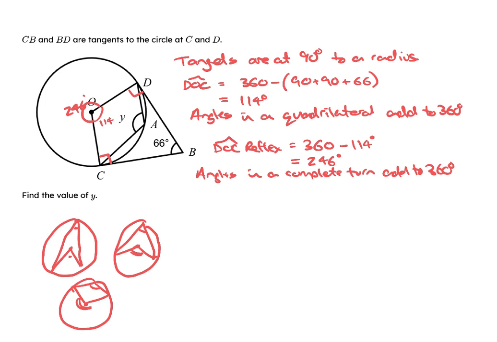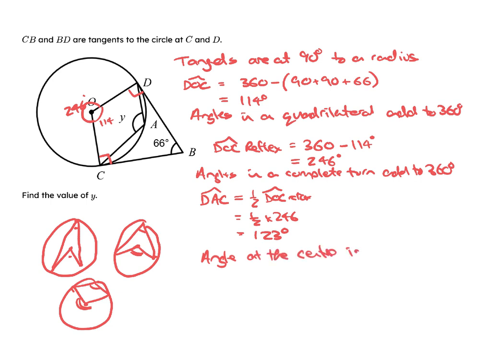So I know that angle DAC is equal to half of angle DOC reflex, which is a half times 246, which is 123 degrees, because the angle at the center is double the angle at the circumference.